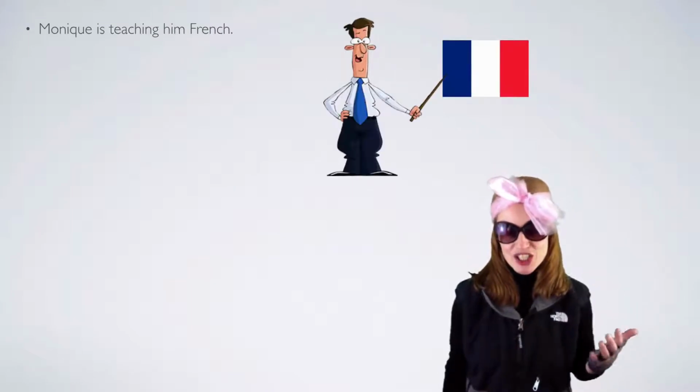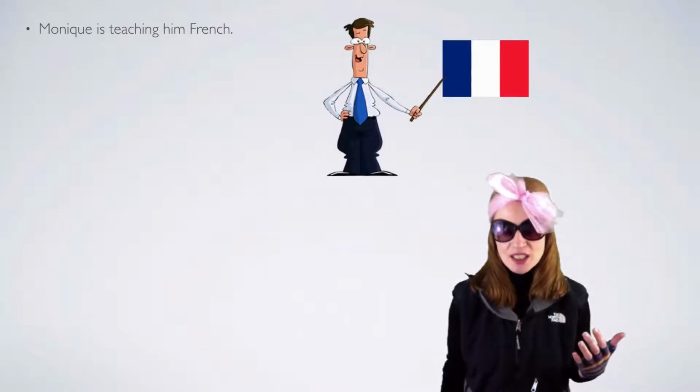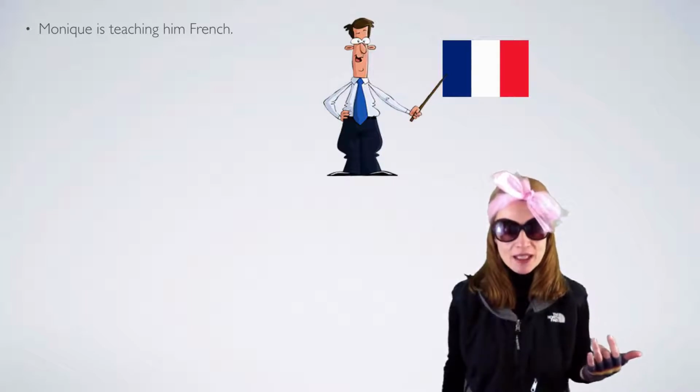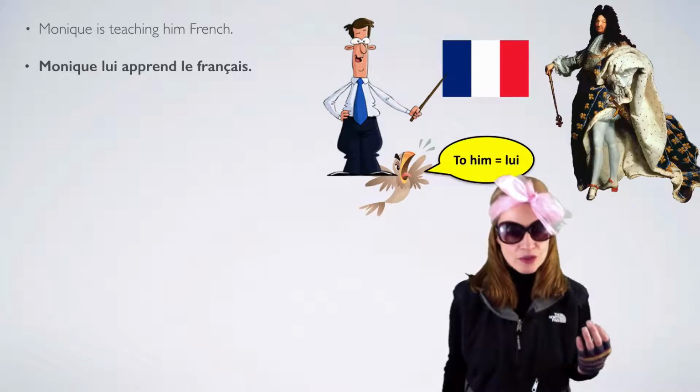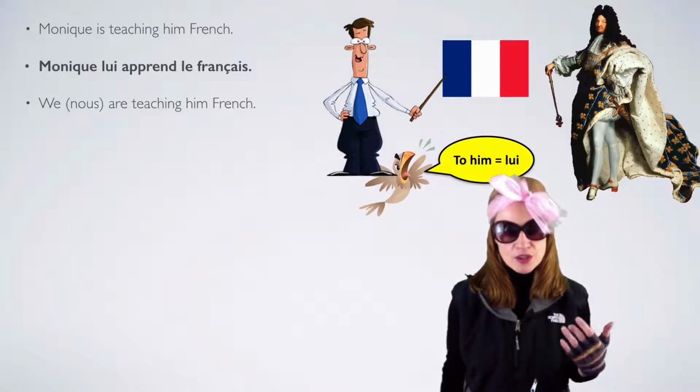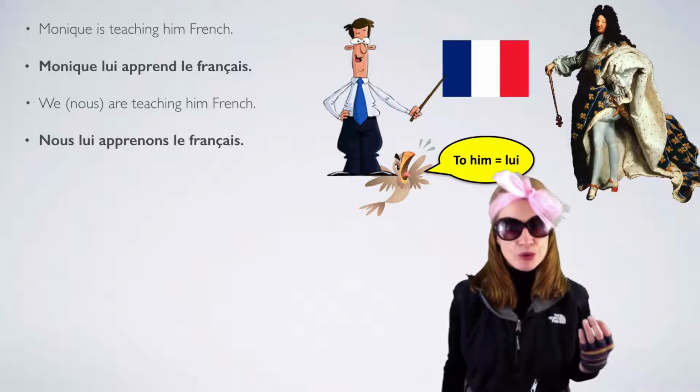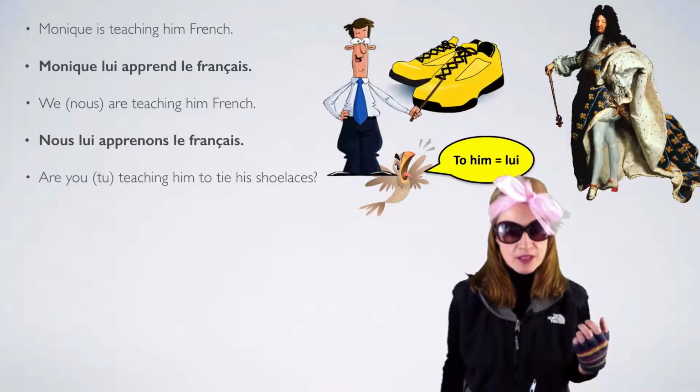It moves. So Monique is teaching him French, meaning to him. Monique lui apprend le français. So using nous, we are teaching him French. Nous lui apprenons le français. Using tu. Are you teaching him to tie his shoelaces?